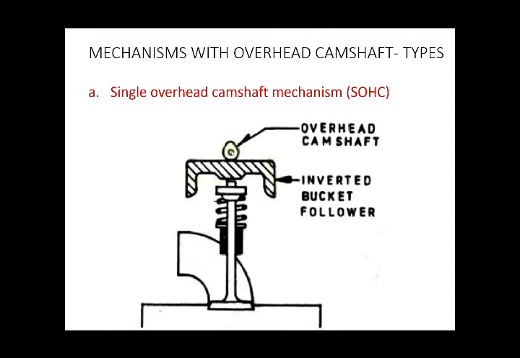We have the overhead cam, which is machined on the camshaft, and the follower is coming in direct contact with the spring loaded valve. So when the cam lobe comes and exerts pressure on the follower, it will push the valve downwards and the valve will open. And when the cam lobe passes away, due to the spring pressure, the valve closes. So that is the single overhead camshaft mechanism.